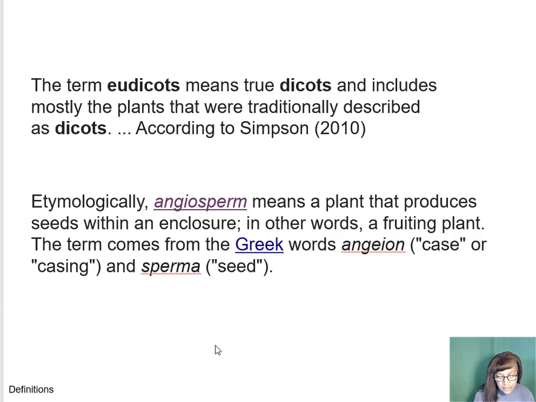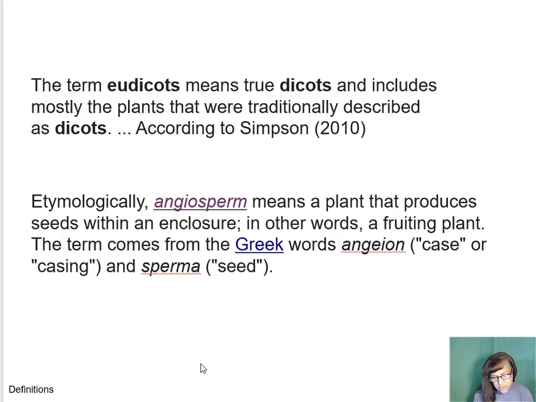So more terminology and definitions. You're going to see as we get further into the lecture that I'm going to be using this term called eudicot, which basically just means true dicots, and it includes mostly the plants that were traditionally described as dicots, according to Simpson in 2010. You're also going to hear the word angiosperms when you're out and about, maybe at the nursery or discussing plants with someone.